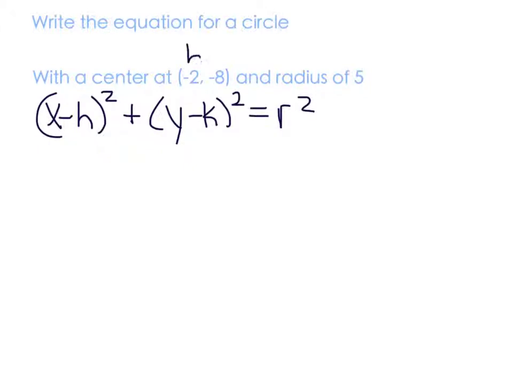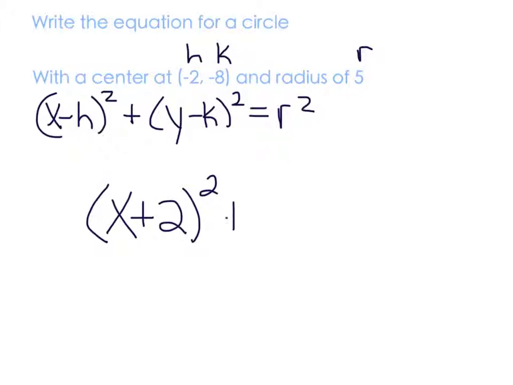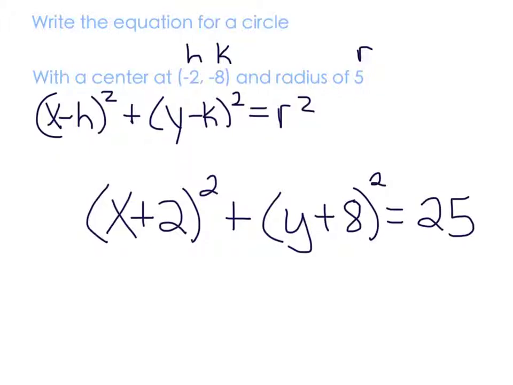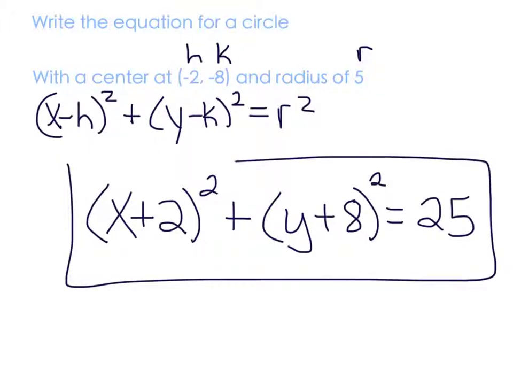I know what h is, I know what k is, and I know what r is. So all we are doing is filling in the letters. X minus -2 becomes x plus 2, all squared, don't forget that little squared, plus y minus -8 becomes y plus 8, all squared, equals r squared. 5 squared is 25. And you're finished.